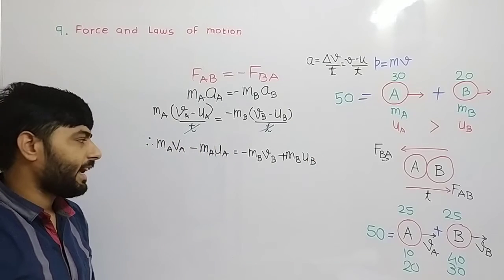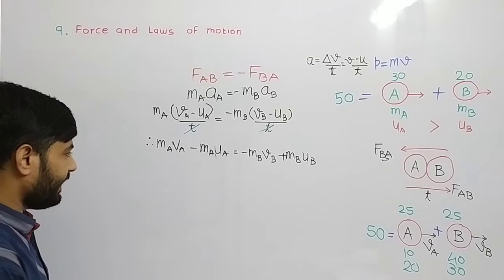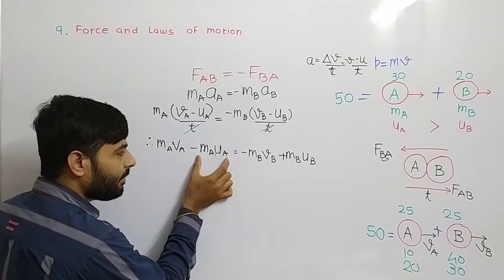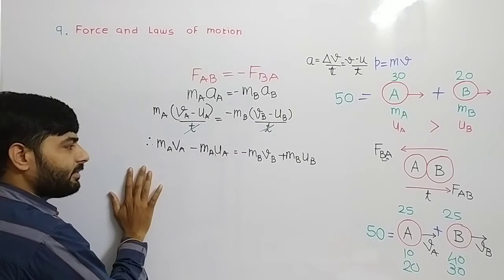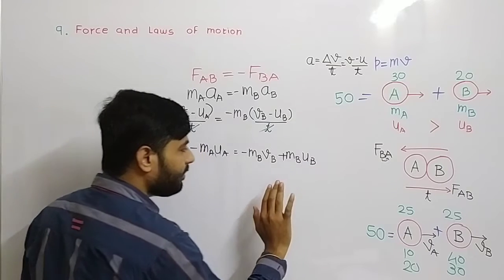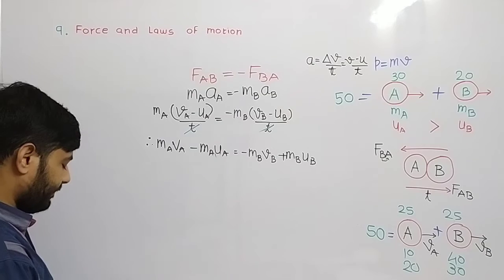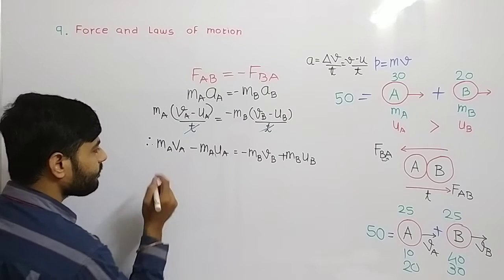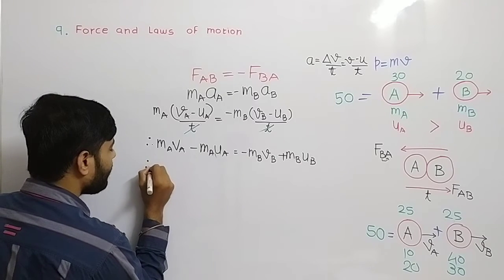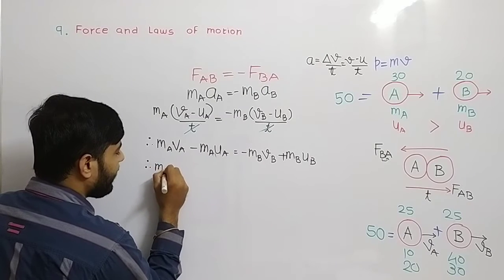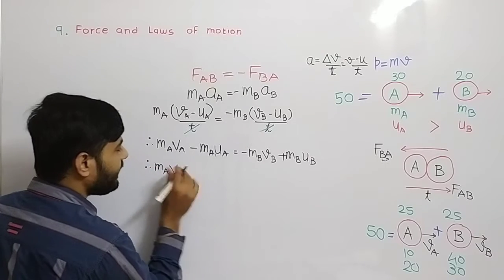Now what I will do, I will take initial momentum on the left side and final momentum on the right side. So I can write here MA VA.